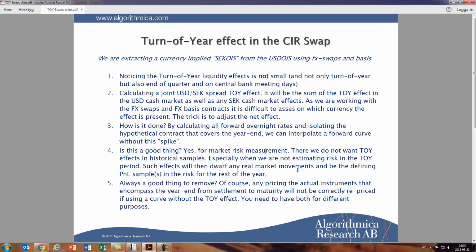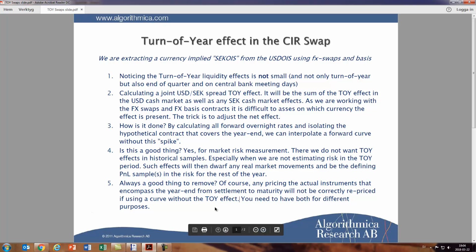And so you will have these tail events for the rest of the year for all your risk measurement. This we don't want, because this is obviously a market event that happens around the year end and nowhere else throughout the year. So the move should be or could be removed in the risk measurement.